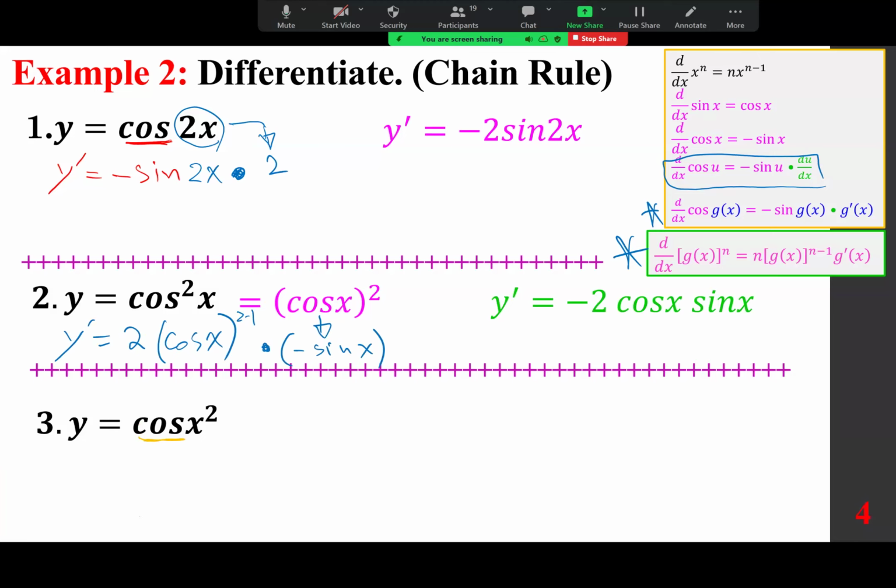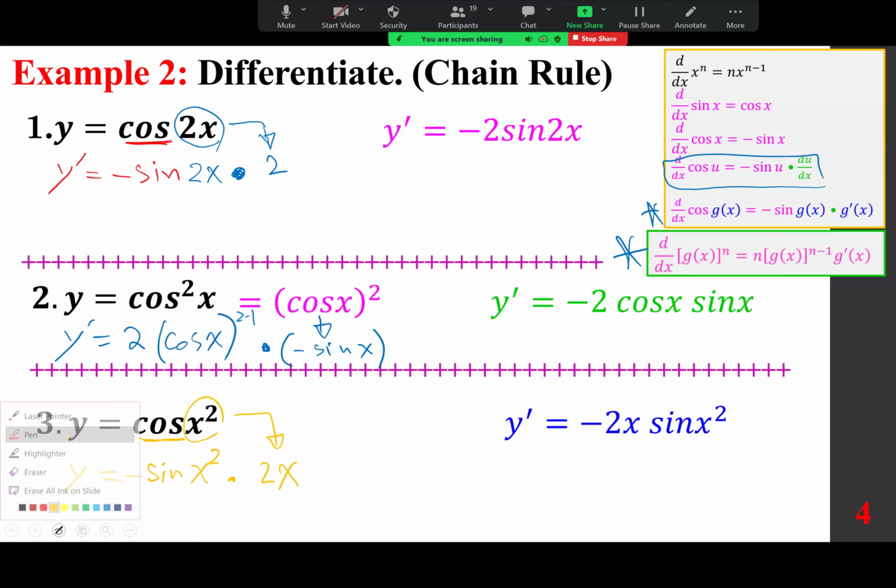This one, again, cosine, and pause, negative sine. But every trigonometric function must have an argument, so it's the same argument. By the chain rule times 2x, and you put it in front, you get y prime equals minus 2x sine x squared.